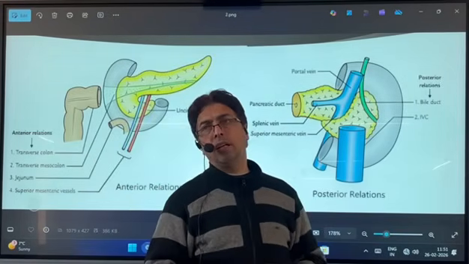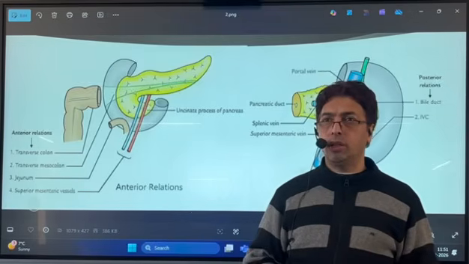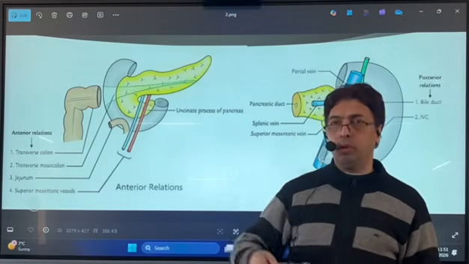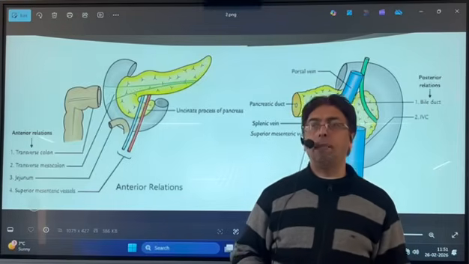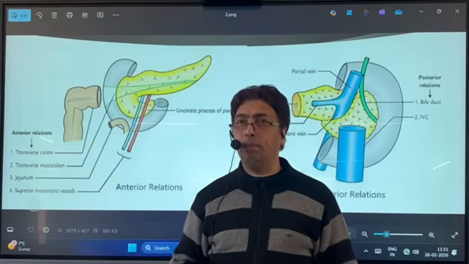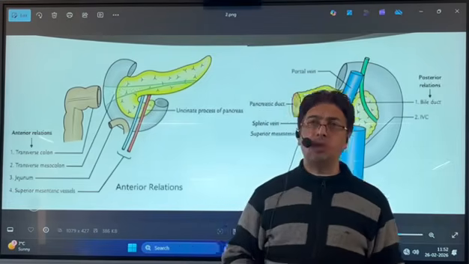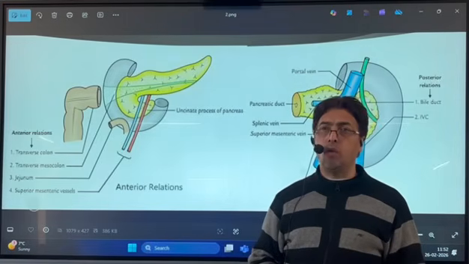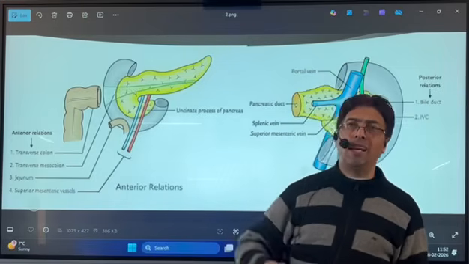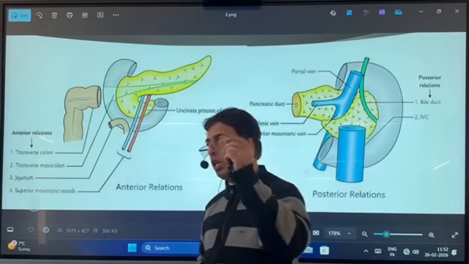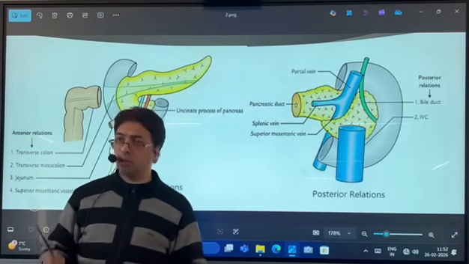Behind the lesser sac, there is accumulation of fluid, and that gives rise to a swelling which we call a pancreatic pseudocyst. So what is a pancreatic pseudocyst? It is a swelling which is a result of pancreatitis, and the fluid collects behind the lesser sac. So pancreatic pseudocyst is a common entity after pancreatitis. Remember that.